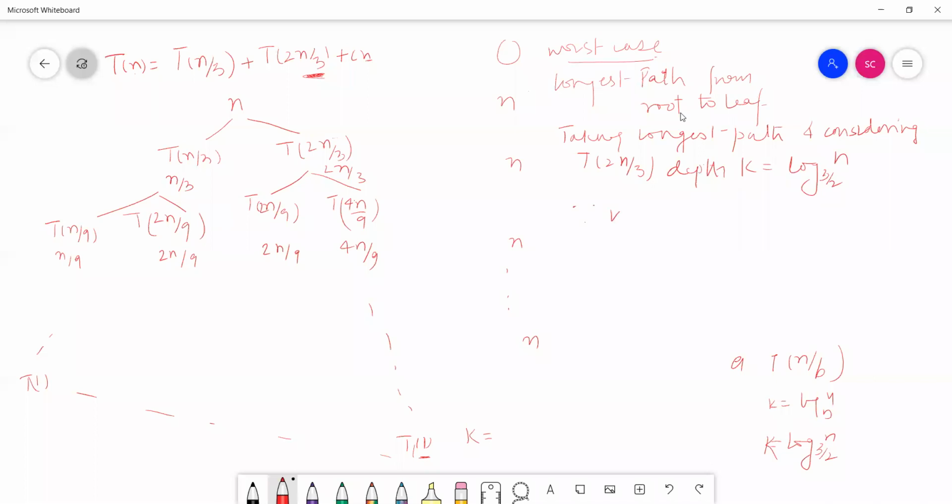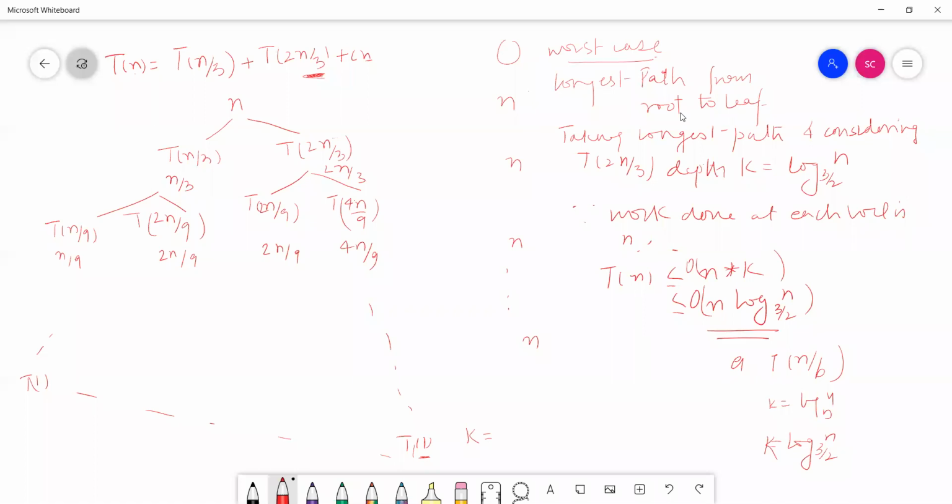Since the work done at each level is n, therefore total work done T(n) is less than or equal to n into k, that is less than or equal to n into order of log n base 3 by 2. Clear? Class?